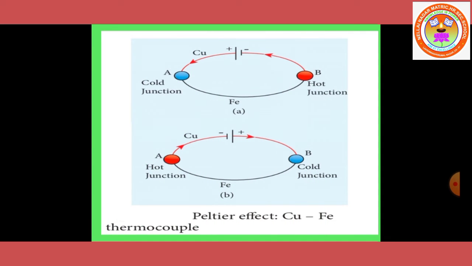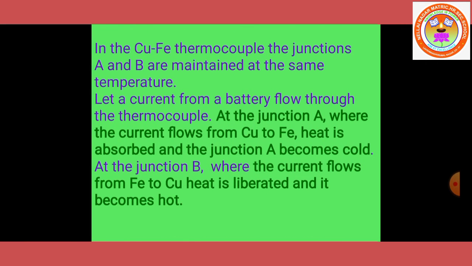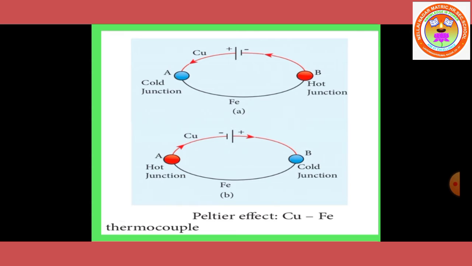This is a circuit diagram to explain the Peltier effect. Here we consider two dissimilar metals, copper and iron, making two junctions, A and B. At first, the battery is connected to the copper wire, and the current flows from copper to iron.